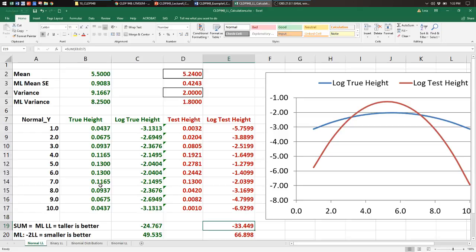So when we say we are assuming things are normal, what we're saying is that normal is the formula we're using to calculate height. If normal isn't plausible, then the normal formula to calculate height with is maybe not a good representation. Maybe it should be something else.